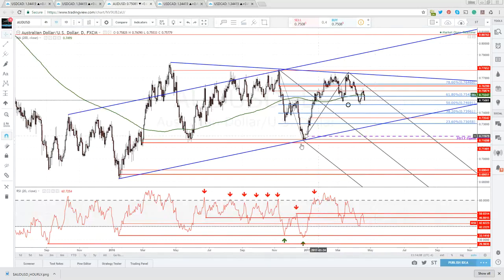We're drifting lower, probably together with gold. I'm not sure. We'll have a look. Probably at this point you've got to be bearish Aussie then, especially since RSI. Let me draw a trend line again.